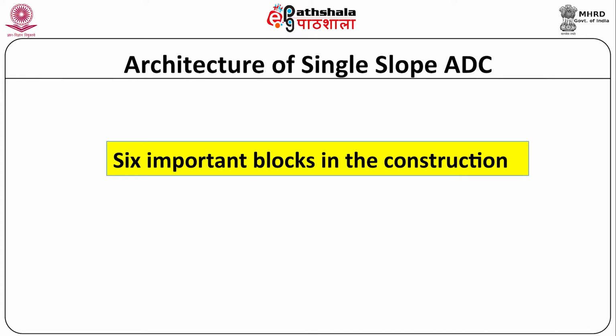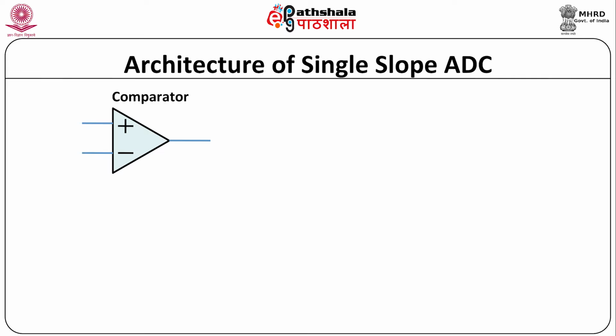Let us now discuss the internal architecture of the single slope ADC. This ADC has 6 important blocks in the construction. The first block is an operational amplifier used as a comparator. The function of this comparator is to compare the voltages applied at the inverting and non-inverting inputs of the operational amplifier.